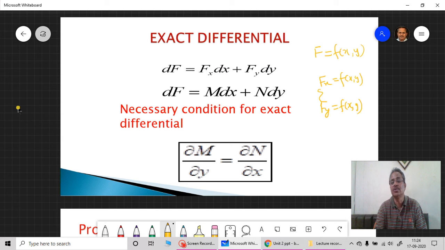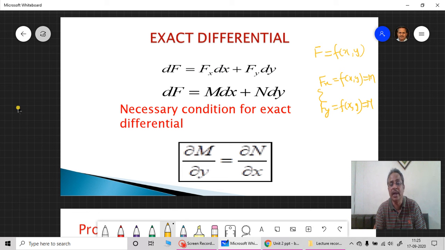I'm calling this m and this n. Further, we have to differentiate this m with respect to y and differentiate n with respect to x. This type of mixed, cross differentiation gives the differential of m with respect to y and the differential of n with respect to x.